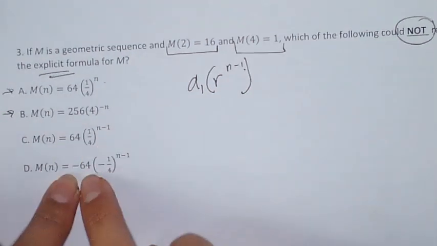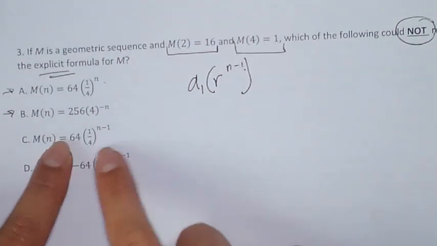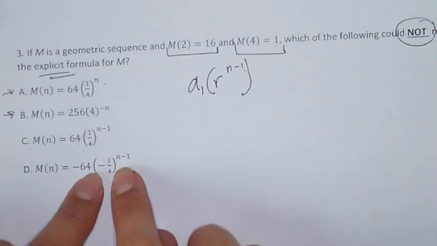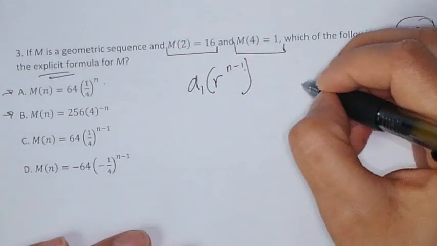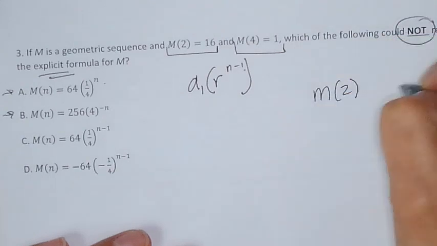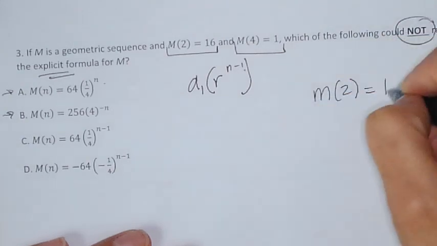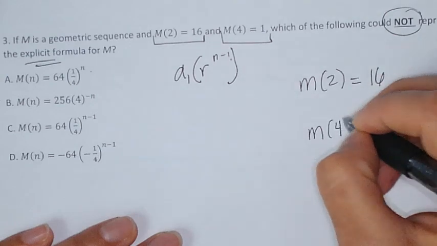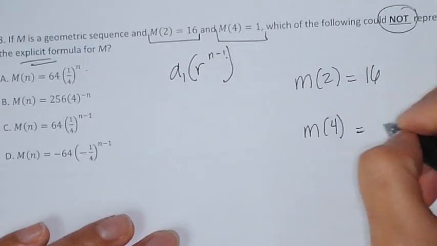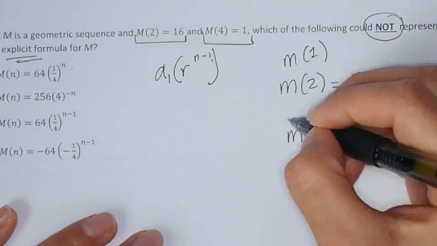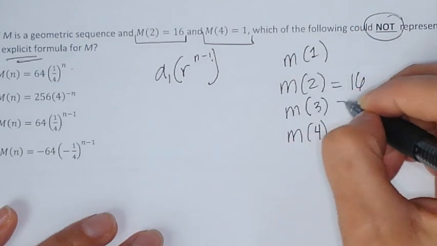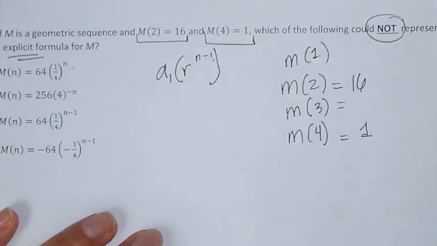The first term could be negative 64 or positive 64, and then also the common ratio being positive or negative. So I have a of 2, the second term, is 16, and a of 4, the fourth term, is 1. I don't have a of 1, and I don't have a of 3.